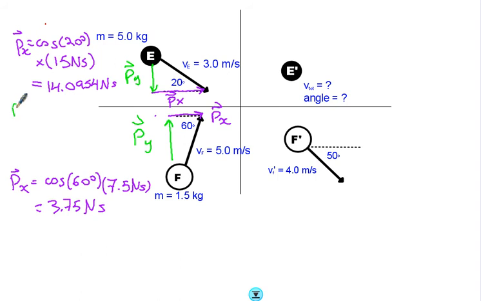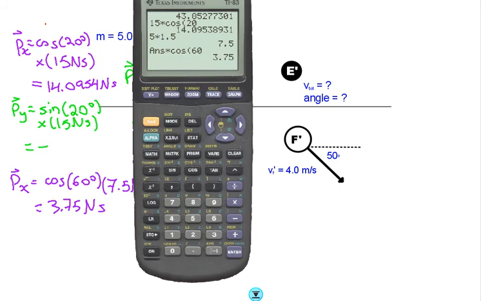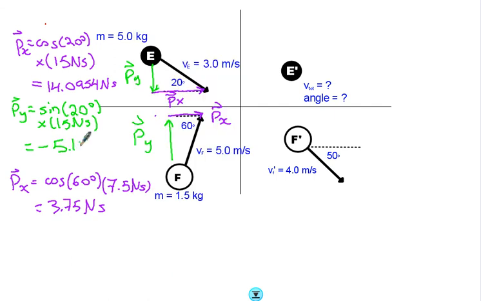Pretty similar. The nice thing about the y's is all you really got to do is change cosine to sine, and you get the y components. Now this y component is going down, so it's going to be a negative value. So negative 5.1303 going down.